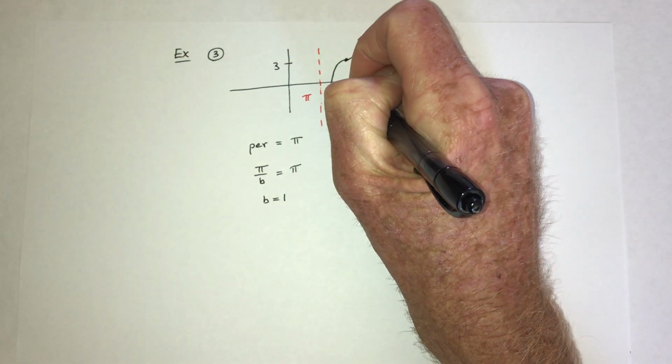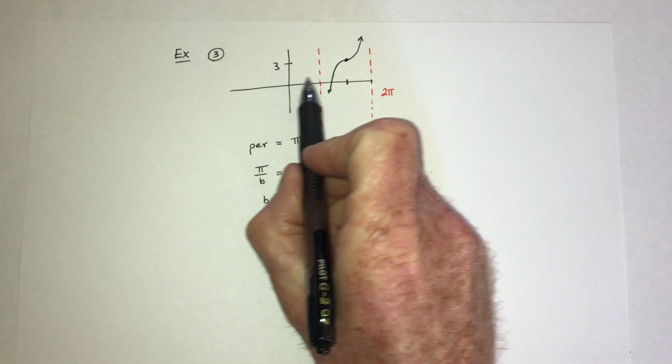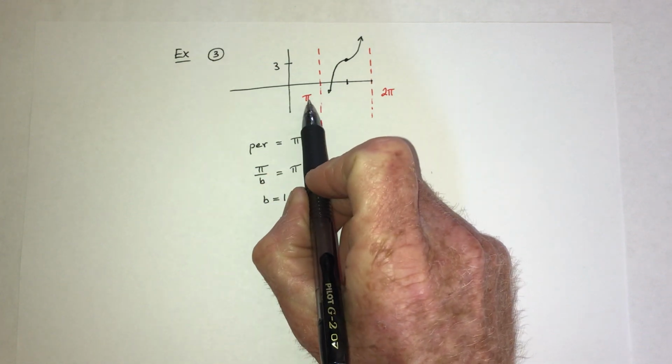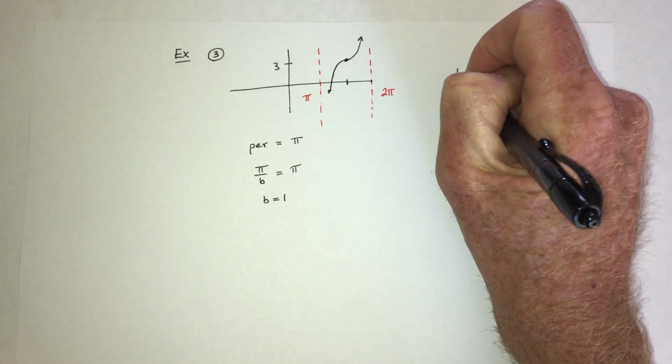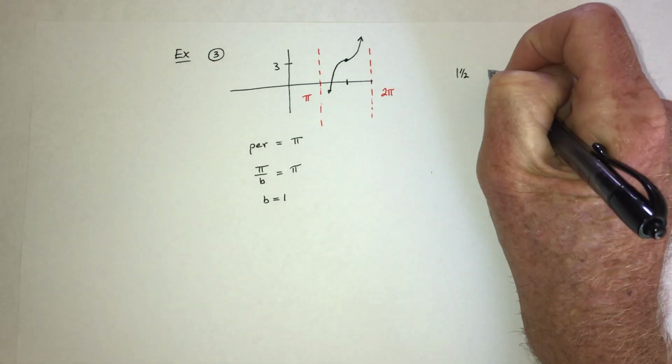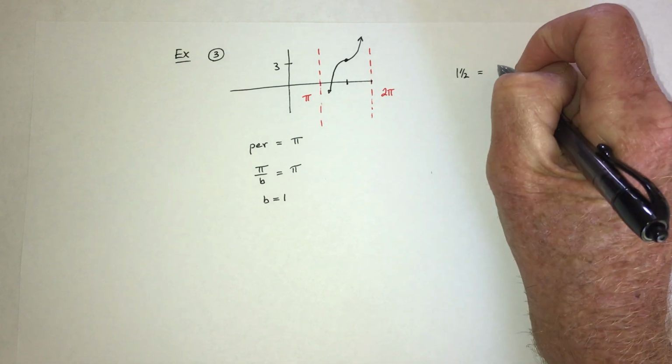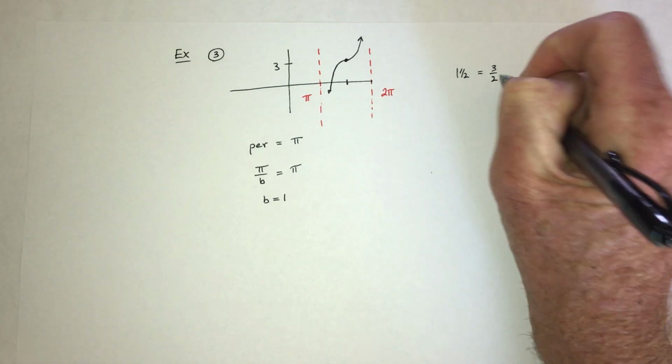Then this thing got shifted over because it's usually drawn over here, but now it's being drawn over here. So what's in the middle of 1 pi and 2 pi? Well, that would be 1.5 pi's. And you could change this mixed number to an improper fraction, 3/2.